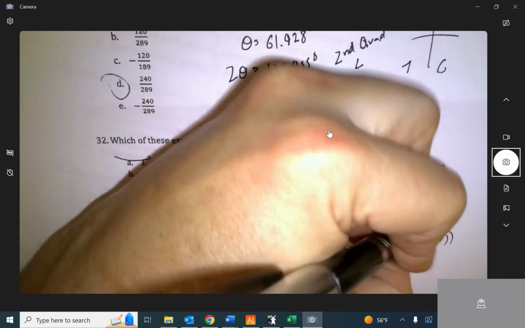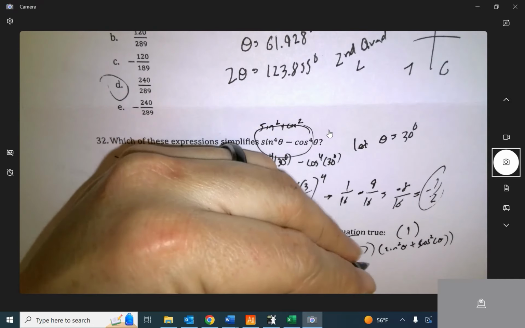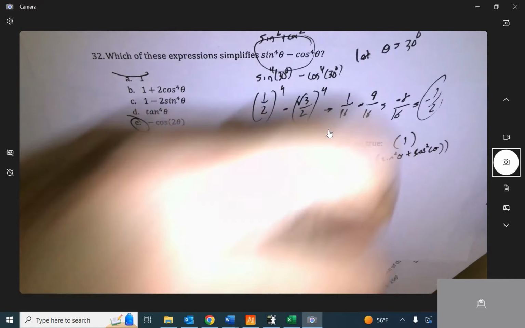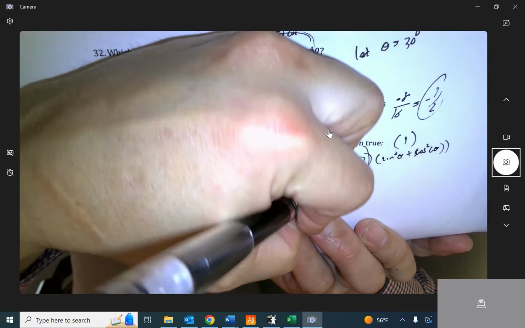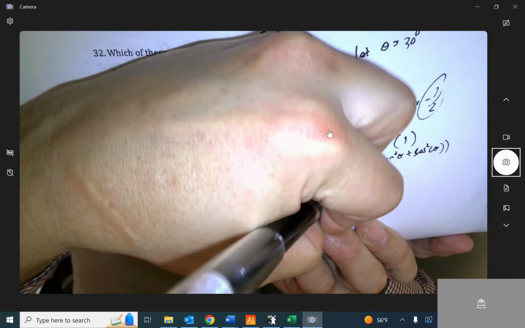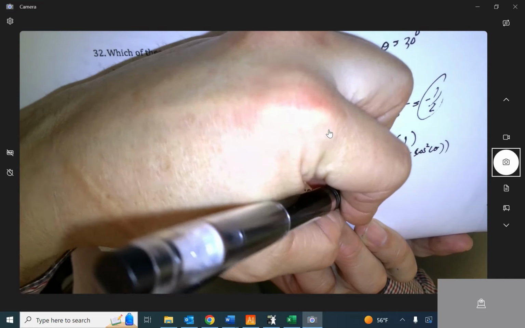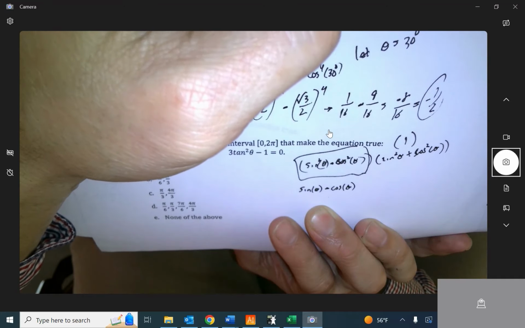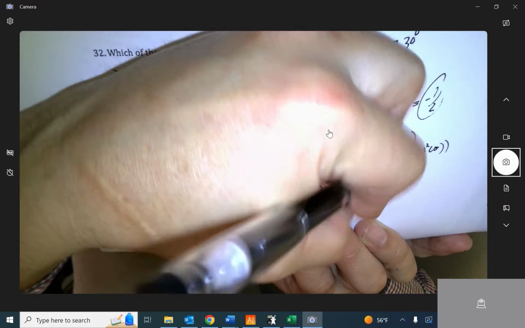This is 1. So I'm left with this. That factors as what? Sine of theta minus cosine of theta and then sine of theta plus cosine of theta.